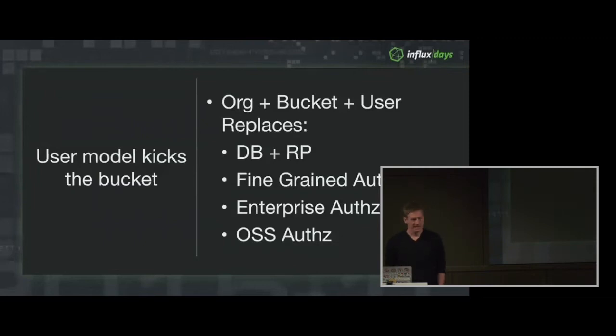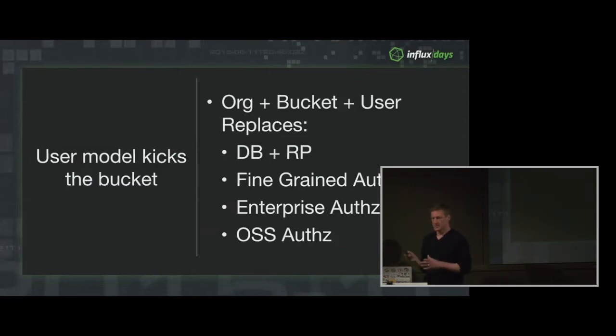And so the idea is to take all of these disparate user models and consolidate them into a model that's much simpler. So you have an organization, a bucket, a user, and a user has permissions to various activities, right? And so that simple structure, org, bucket, user, replaces really all of the authz modeling that went around DB and fine-grained auth and enterprise auth and open source auth.